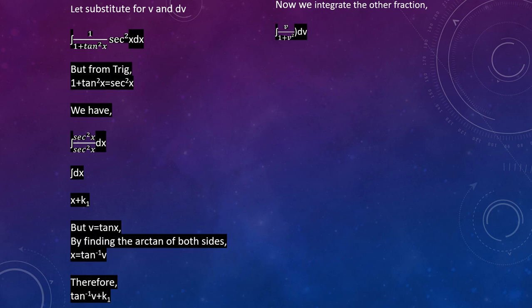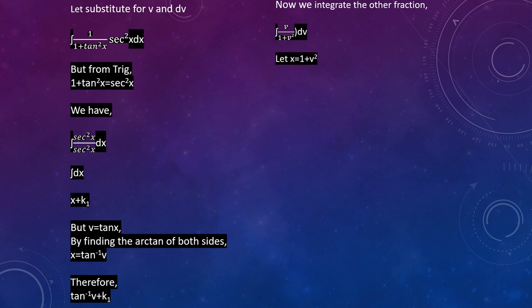Okay, we are done with the first side, and for the second one we integrate the other fraction. We know that if I differentiate my denominator, it can cancel out my numerator. So I can just say u equals 1 + v squared.